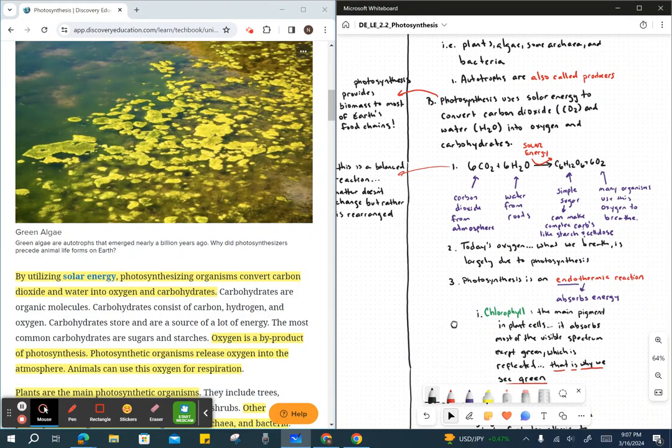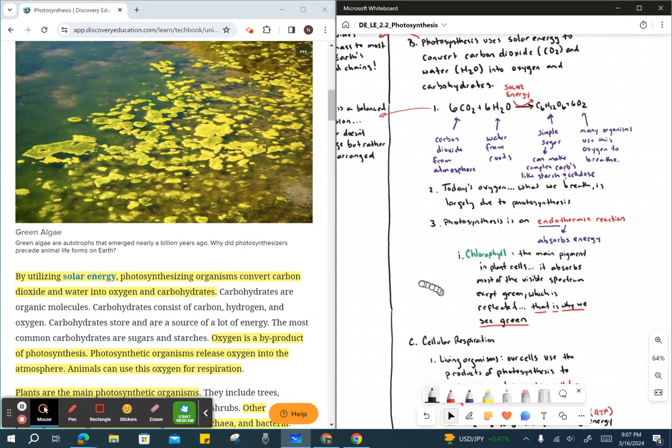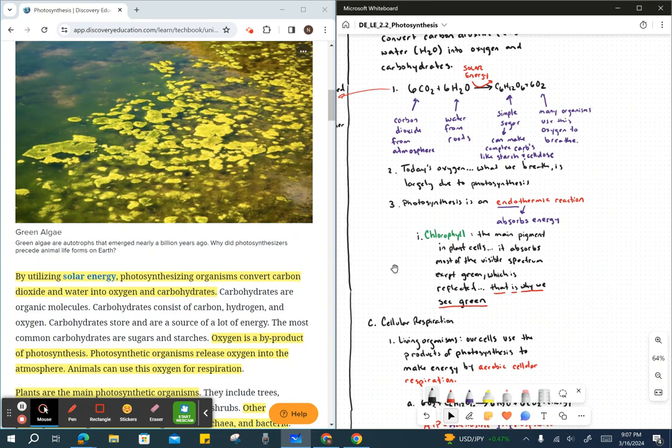So, kind of a side note here, the oxygen that we have on Earth, the stuff that you and I are breathing, is largely related to photosynthesis. There was oxygen being produced very early on in Earth's history, but a lot of that actually was used in oxidation reactions.